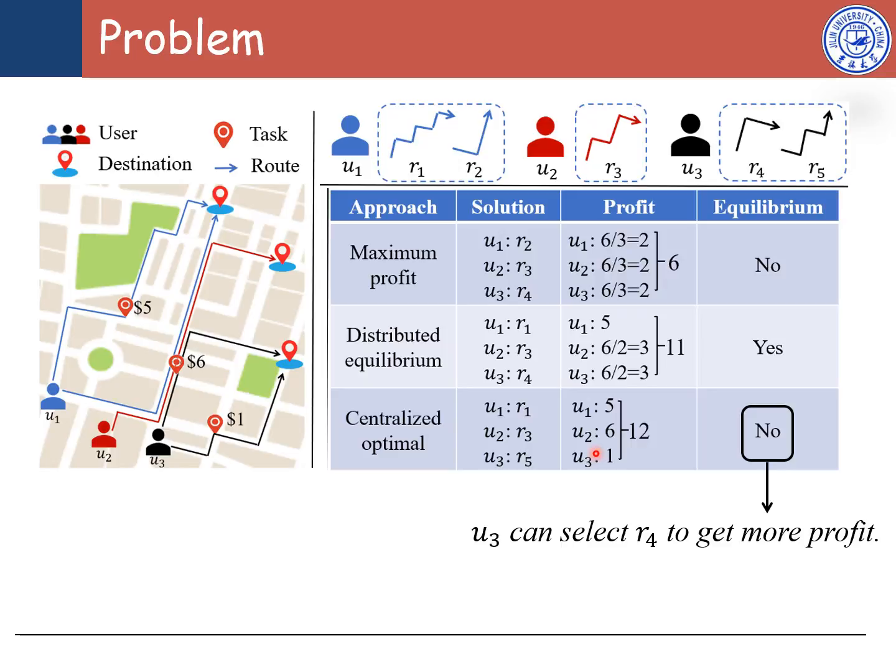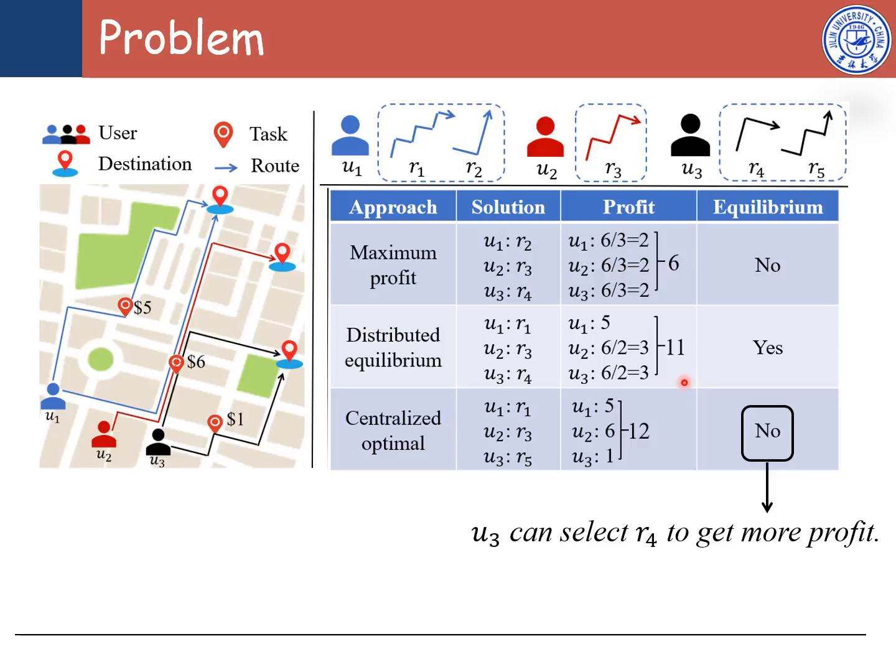Our target solution is distributed equilibrium. It achieves the trade-off where a relatively high reward and an equilibrium state are achieved. In this situation, no user has the incentive to change the decision to get more profit unilaterally.